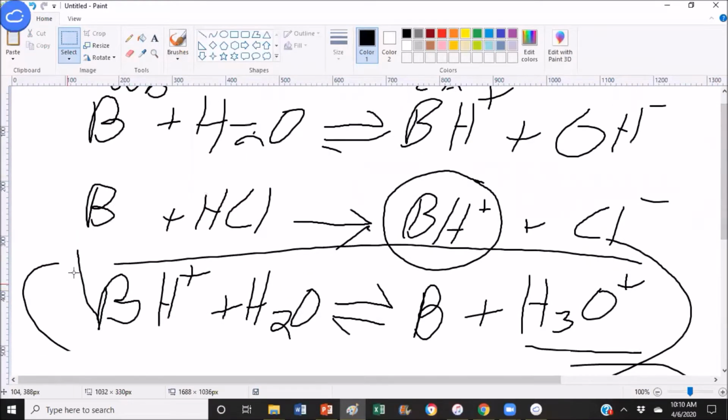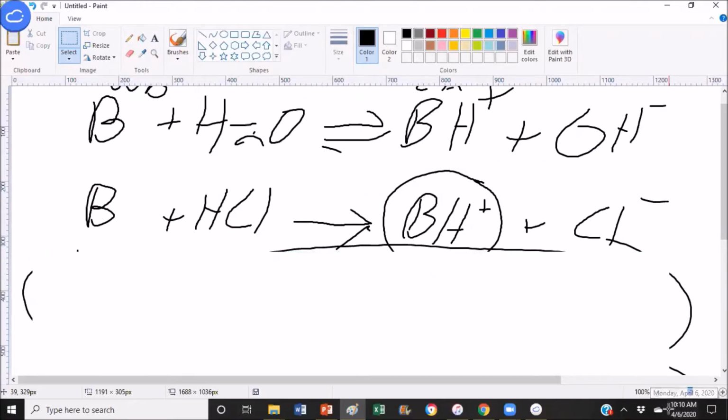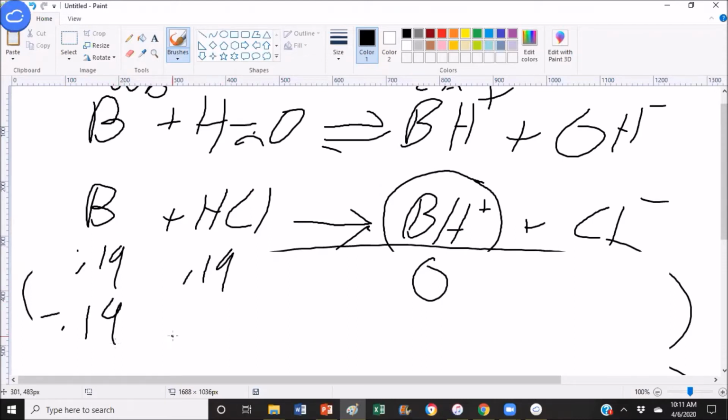So from this scenario, we have 0.19 of this, 0.19 of this, and 0 initially. Then as they neutralize, this gets canceled out, and this gets formed. The moles of base we started with will equal the moles of conjugate acid we form.